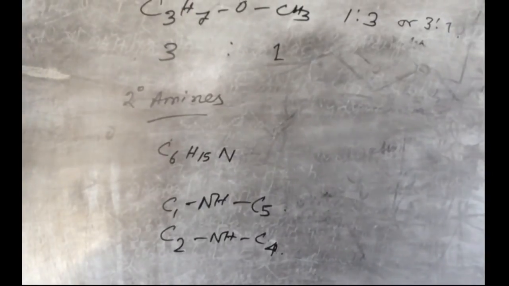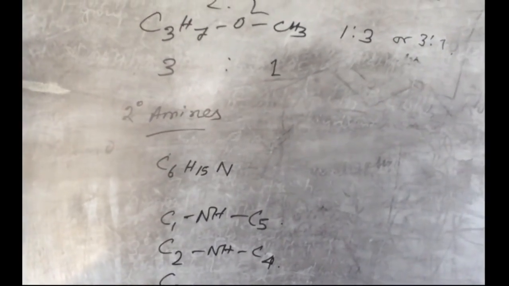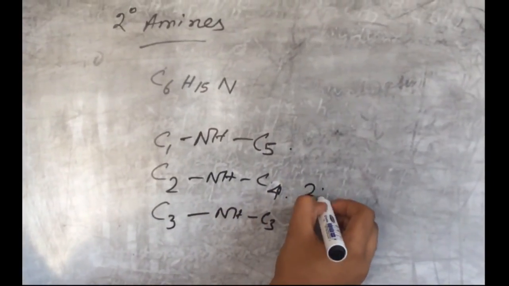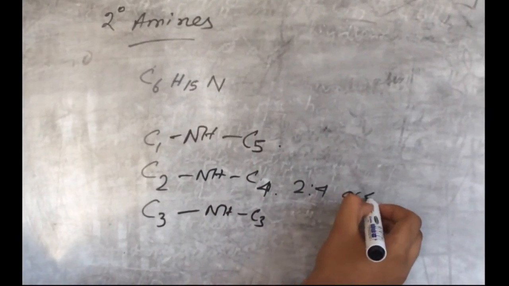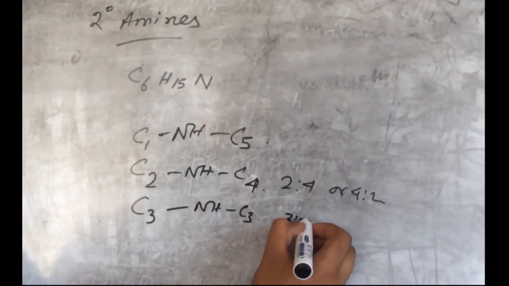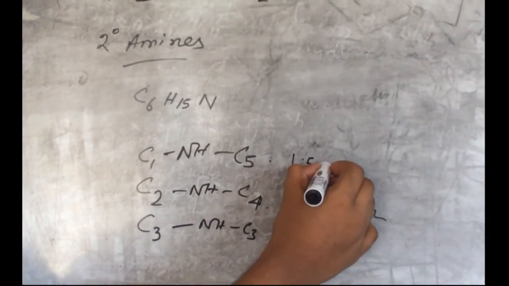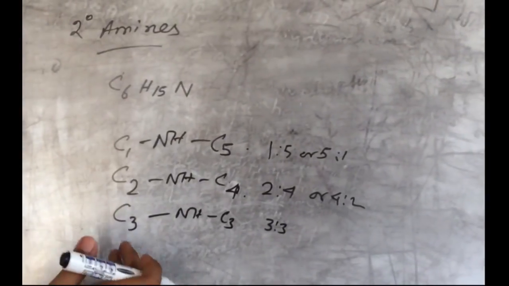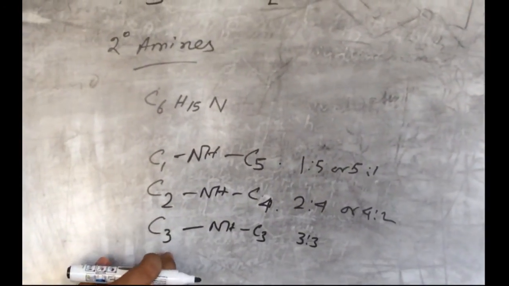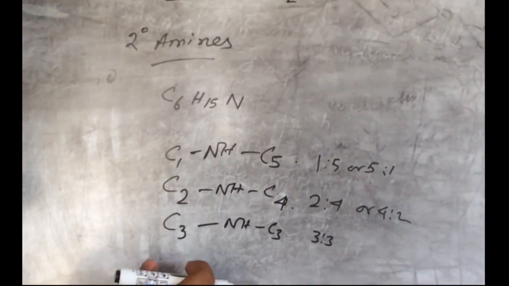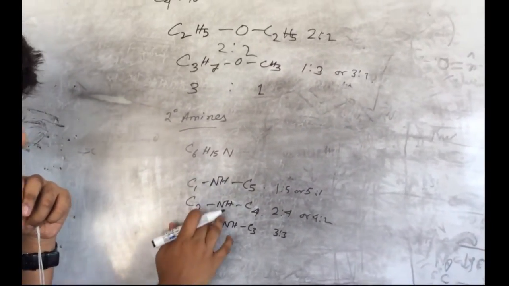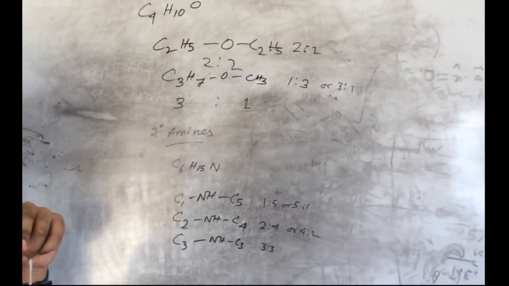So this is 1:4 or 4:1, this is 2:3, 3:2. If you try to further increase the number of carbons on this side, it becomes identical in the reverse order with this and this.